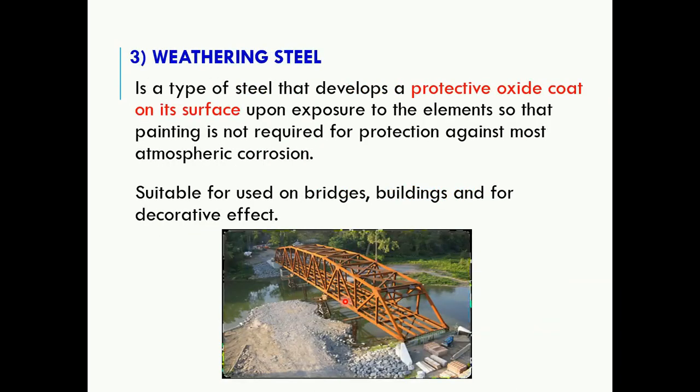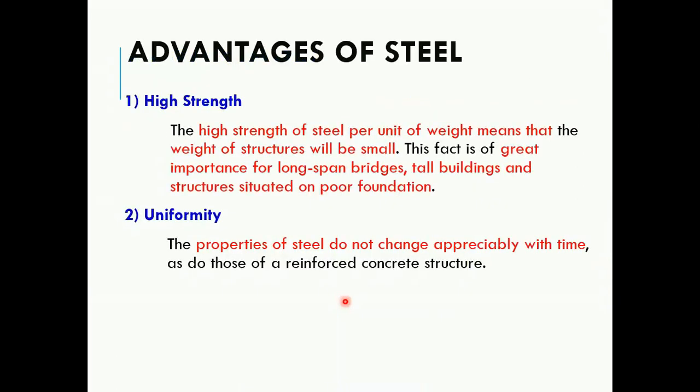And we also have weathering steel, a type of steel that develops a protective oxide coat on its surface upon exposure to the elements, so for weathering steel we are not required to paint the steel structure, and it is able to protect the steel against atmospheric corrosion. So basically we use it for bridges and also for buildings and decorative effects.